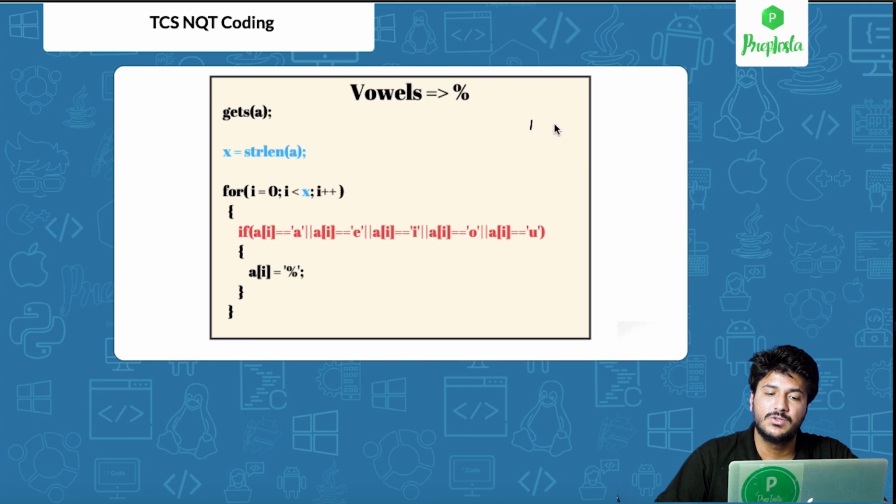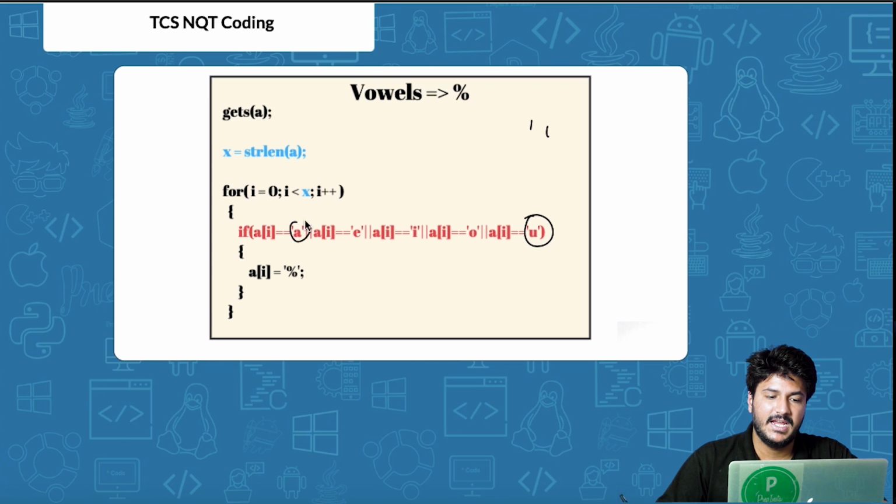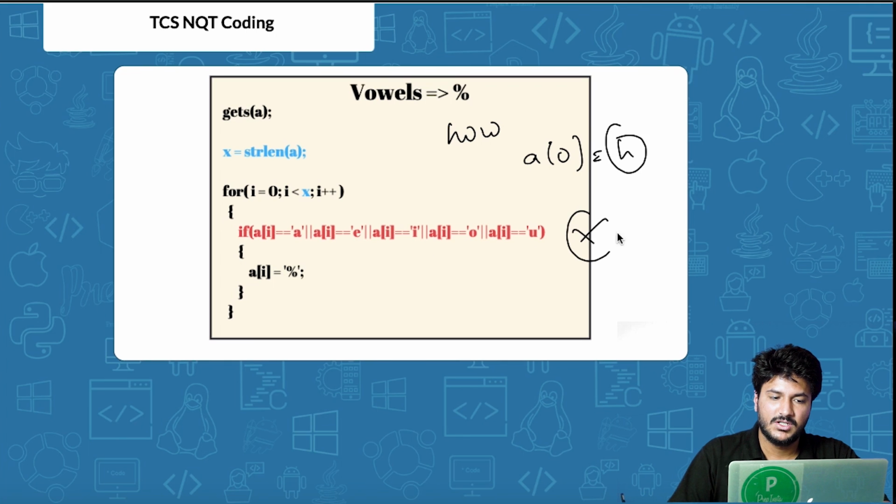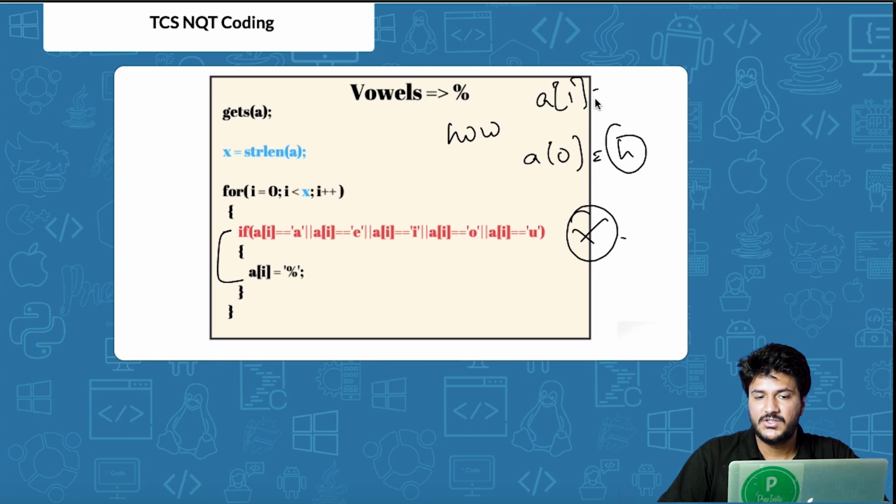So which is why we will use single quotes for A, E, I, O, U. So first, for how, a of 0 is h. So none of these match, right? So this if block will not run. Now for a of 1, which is O, right? In this case it will check, it's not checking everything, because these are OR conditions, not AND. These are OR conditions.